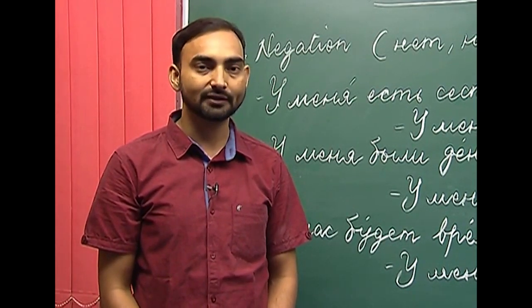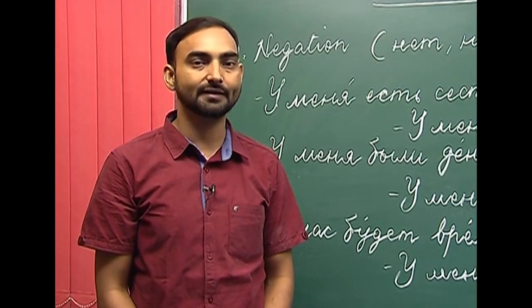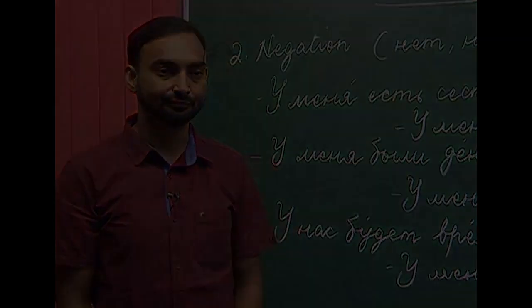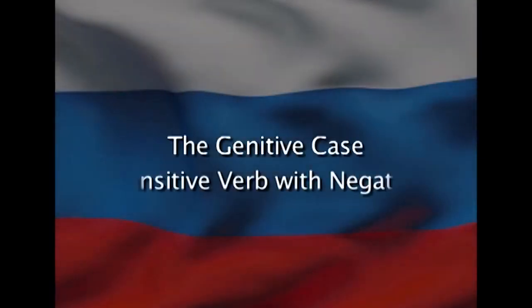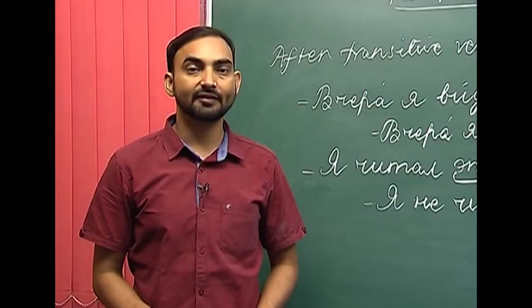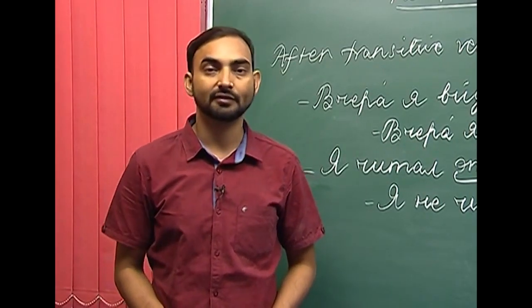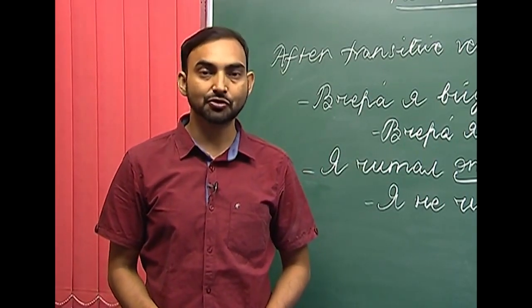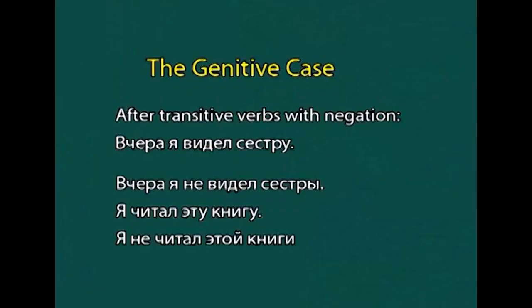So, we will now look at the third use of the genitive case of nouns. The genitive case of nouns is also used to show negation after transitive verbs. For example, Вчера я видел сестру.